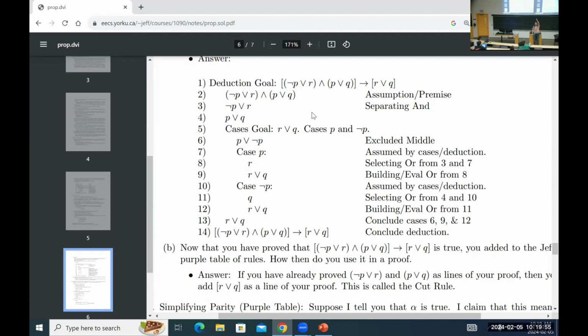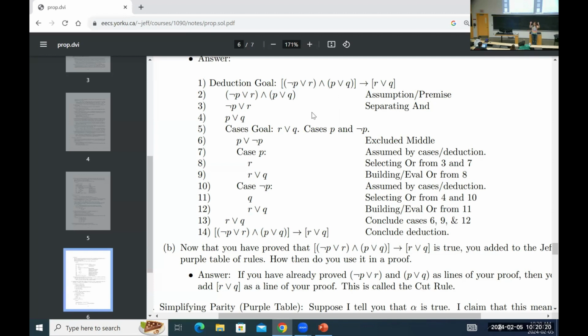If you look up in the purple table how to prove an or, it'll tell you it's sufficient to prove one of them or the other, right? If you prove Q, you've got it. You prove R, you've got it, right?